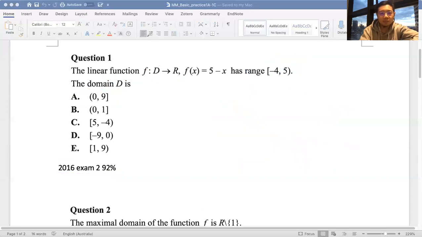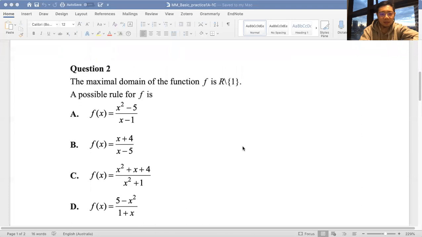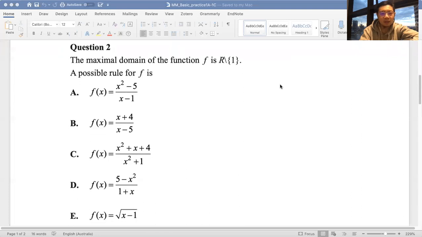Okay, let's keep going. The next one, and again, you can pause over here, and I will go through it now. Okay, so for this one, they use really good language. It's plain language. They just tell us the maximum domain instead of the implied domain. So which means reduce the difficulty of this question.